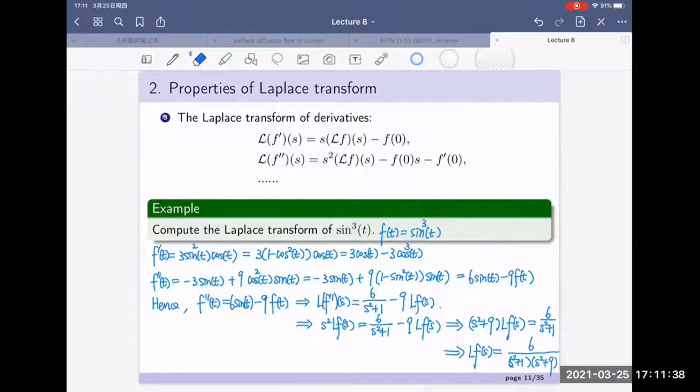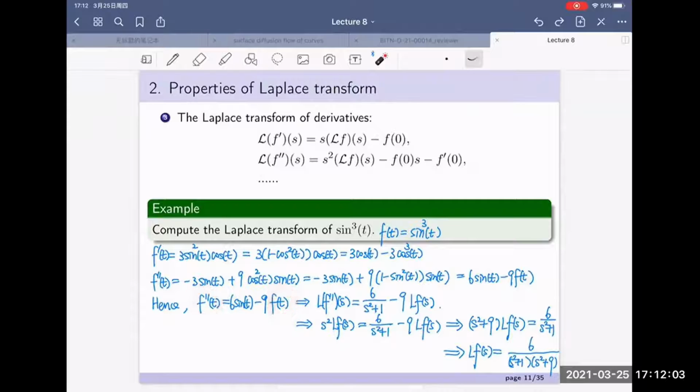So this is a very typical question, which shows you an example of solving a differential equation by using the Laplace transform. This is a differential equation of f: f is a function, and its double derivative is related to itself.